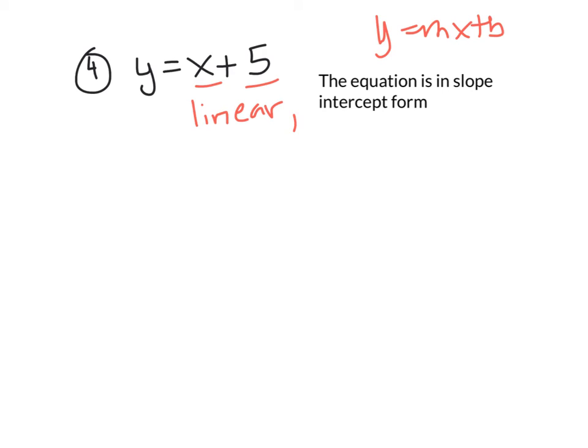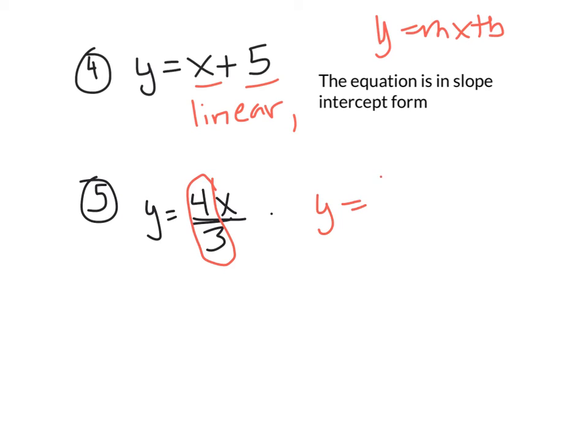All right. So let's do number 5. Number 5, we have y equals 4x over 3. Now, at first glance, this doesn't look like a slope-intercept form. But if I simplify it, I would get y equals, and you can simplify this as 4/3 times x. Now, you could have a plus 0 on the end of this, but you don't have to.